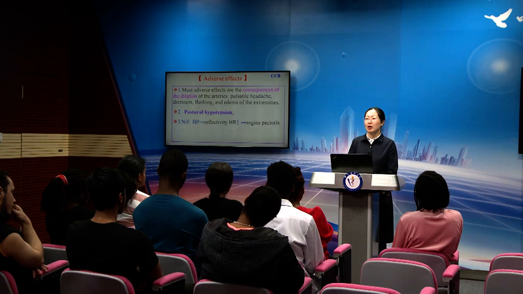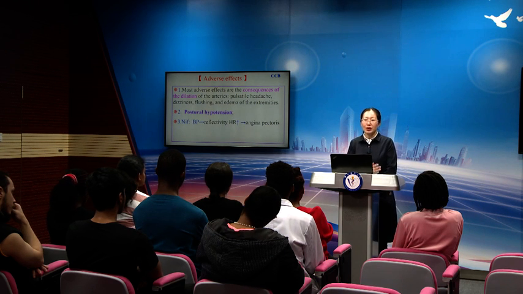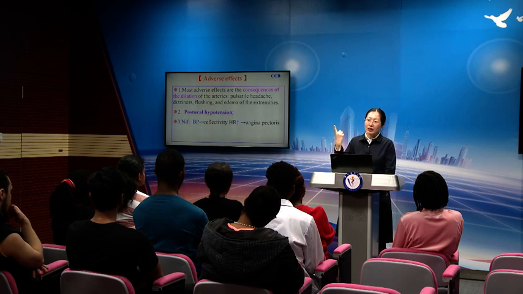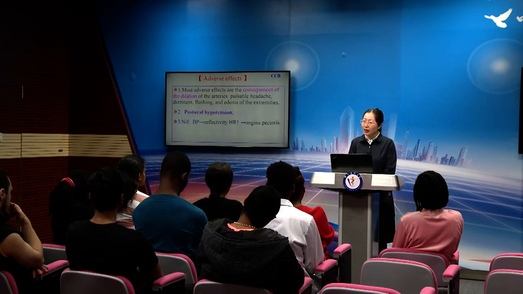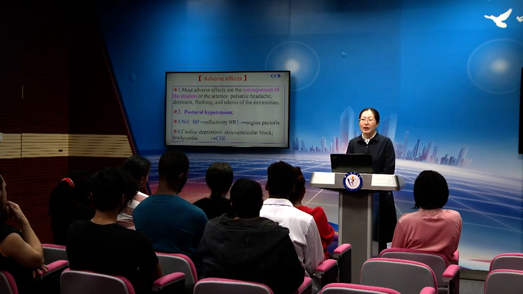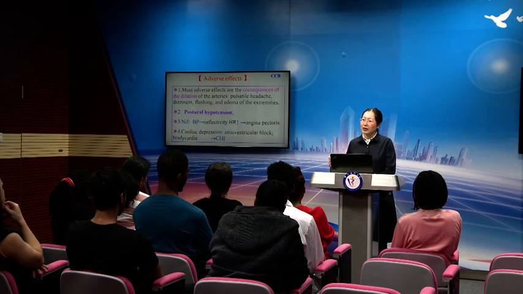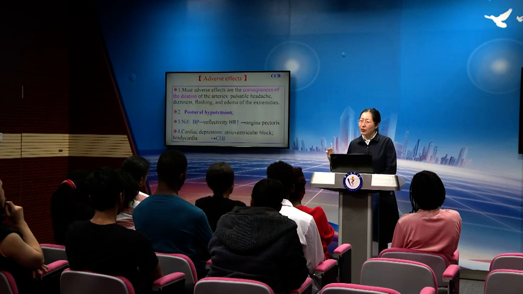That means maybe we use calcium channel blockers to treat hypertension, but heart rate and oxygen consumption increase, so maybe it induces angina pectoris. For this reason, for stable angina pectoris patients, in CCB you should use verapamil.